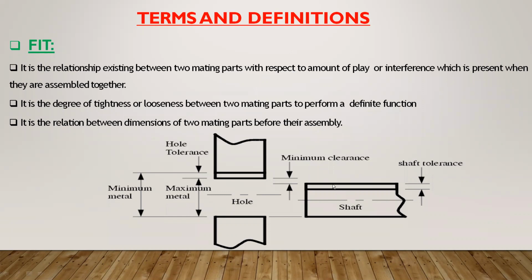Here a shaft is fitted into a hole and the minimum clearance is the gap between the shaft and hole. So this is the minimum clearance here, and the maximum metal position is the shaft position, and the minimum metal position is the shaft position, taking into account the minimum clearance also.